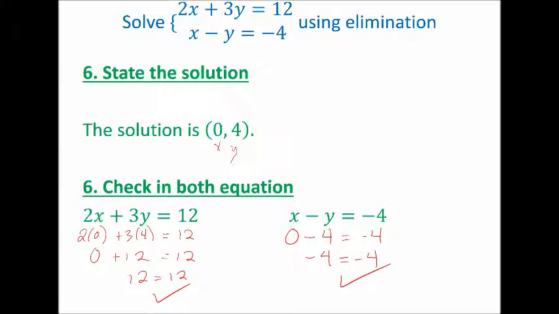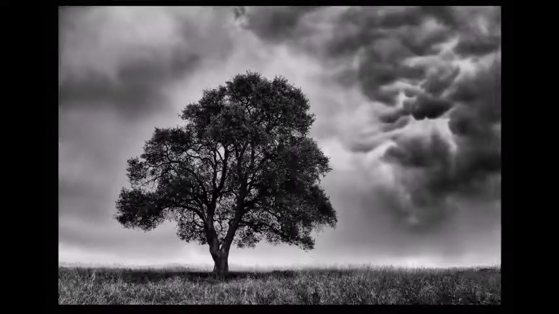So it does work in both equations, so that is indeed my solution. Again, this should be step 7, a good follow through to ensure that your solution is correct. So that's using the elimination method by canceling out one of the variables.